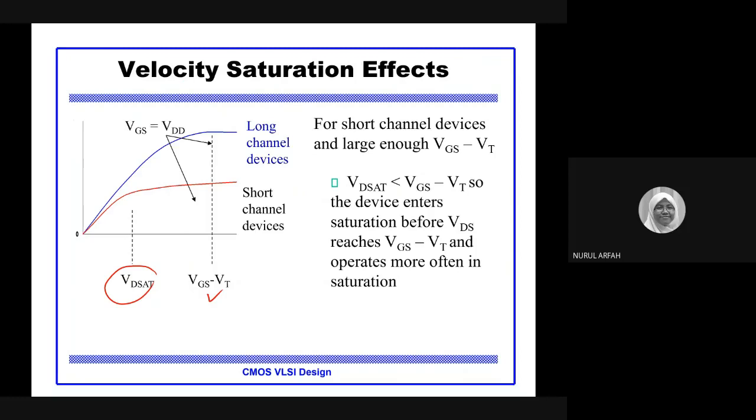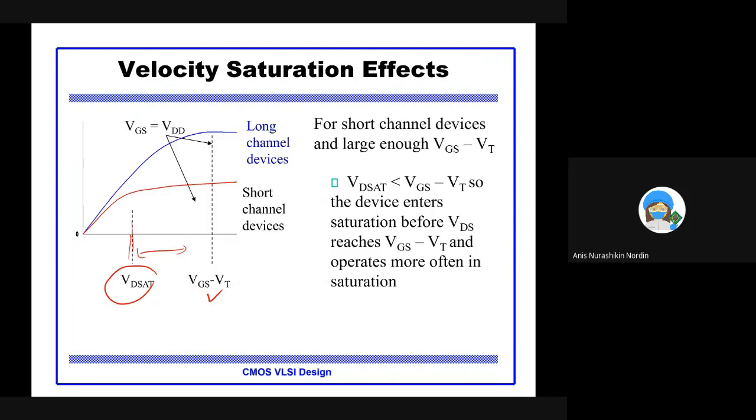Because of this, we say that the operating point for the short channel device is in between these two. It should be less than VGS minus VT, and usually it starts operating from the saturation region here. So the short channel saturates much earlier than the long channel, and the short channel current is much smaller than the long channel current.